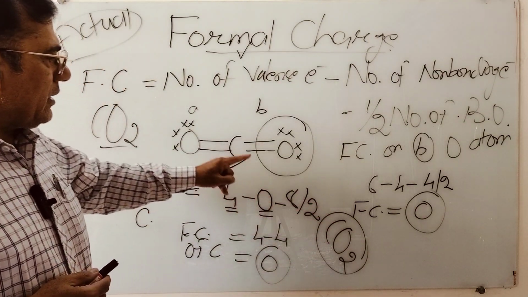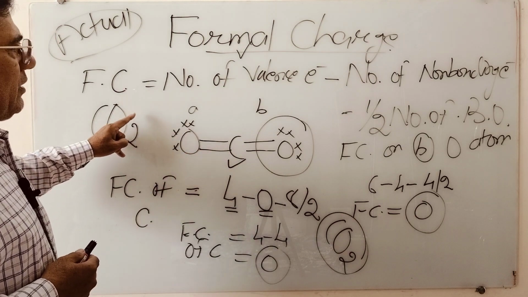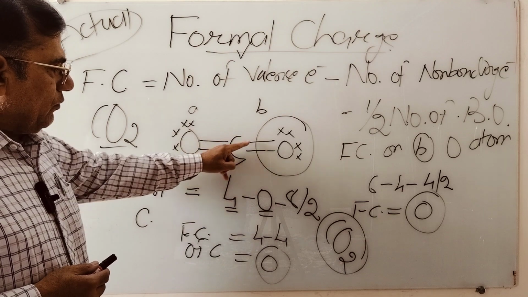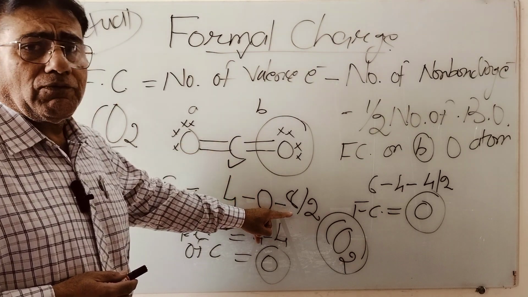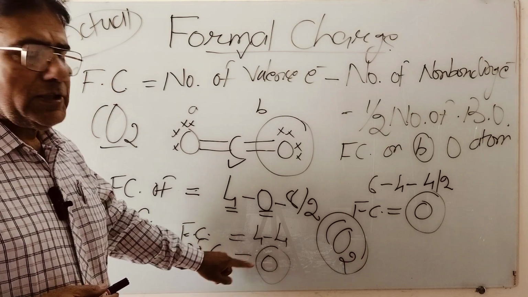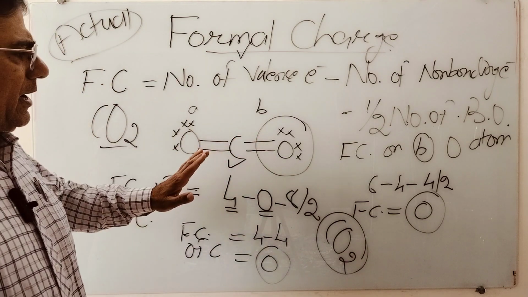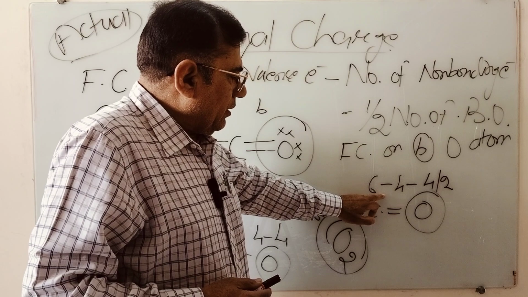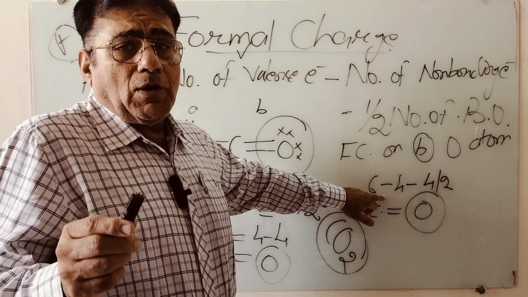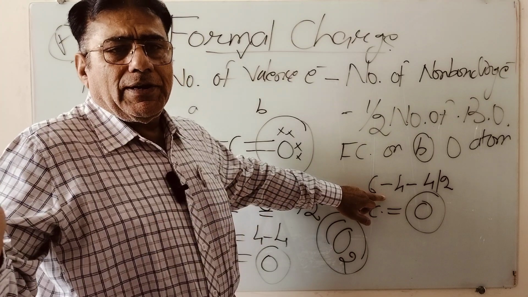So this is the formal charge on carbon. Once again I will repeat. Number of valence electrons 4 minus number of non-bonding electrons 0, half the number of bonding electrons 8 by 2, 4, so 0. Any oxygen you can take, both are identical. Group number or valency electron, old group number, whenever you say, because according to the modern periodic table there are 1 to 18.